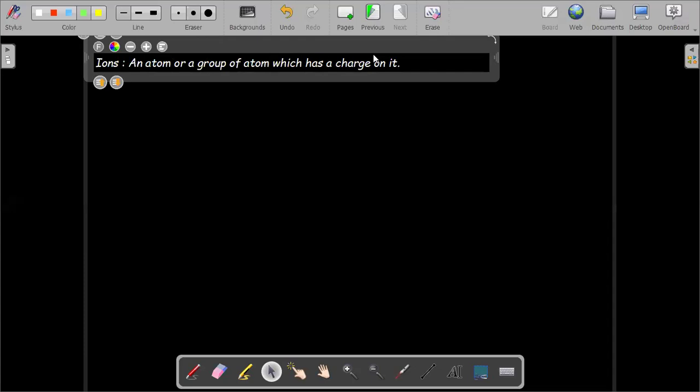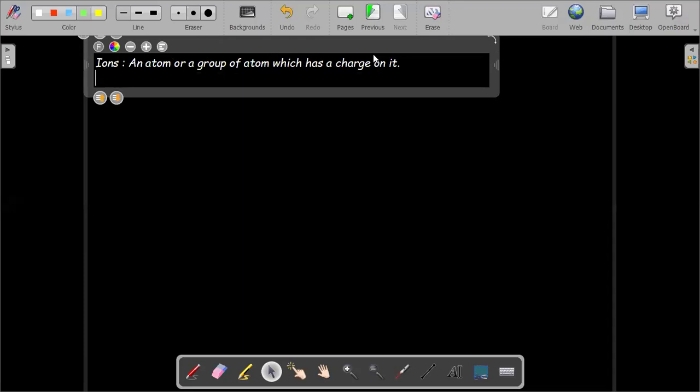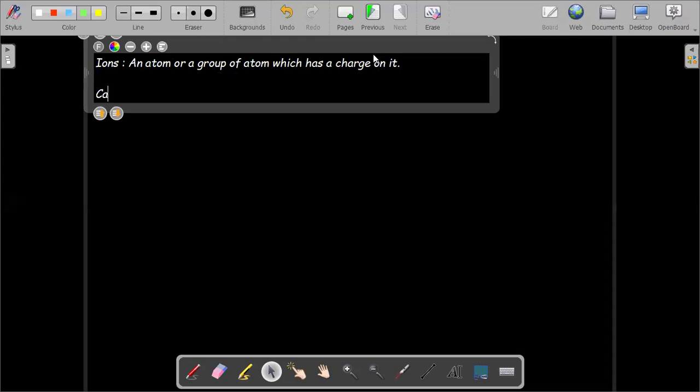So we have two groups of ions here. One group is called the cation, and the other group is the anion. What are cations? They're positively charged atoms or groups of atoms. And anions are negatively charged. Very good.